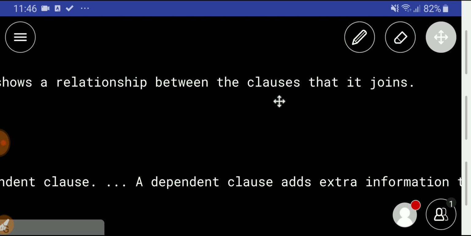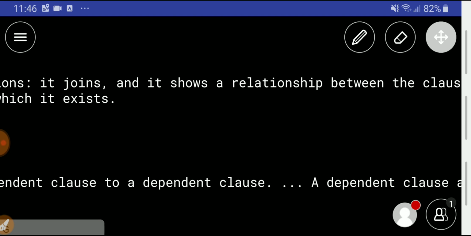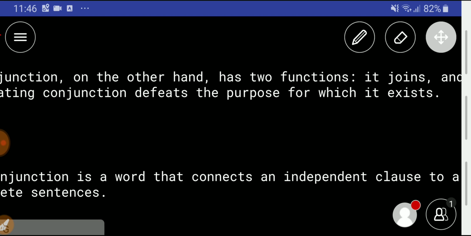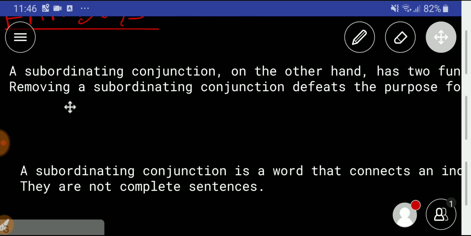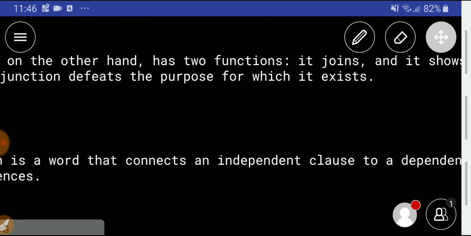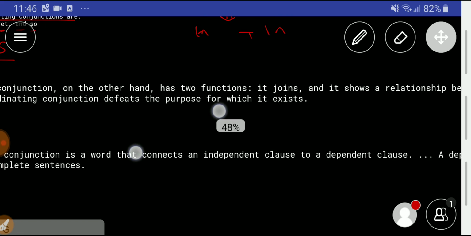That is, it joins and makes a relationship between the dependent and independent clause. Remember that removing a subordinating conjunction defeats the purpose for which it exists.